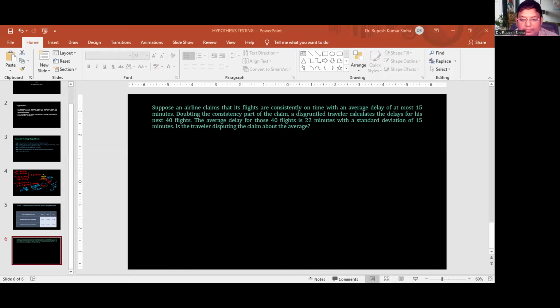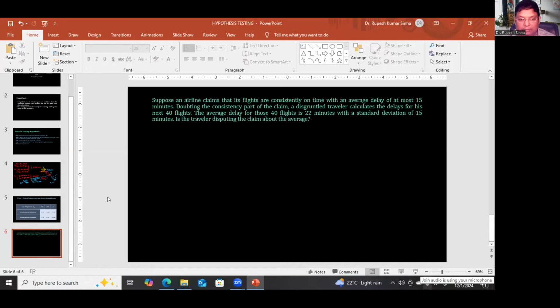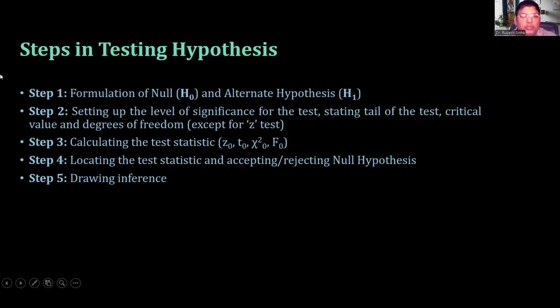There are 5 steps in hypothesis testing. So first step, what it talks, formulate null and alternate hypothesis.